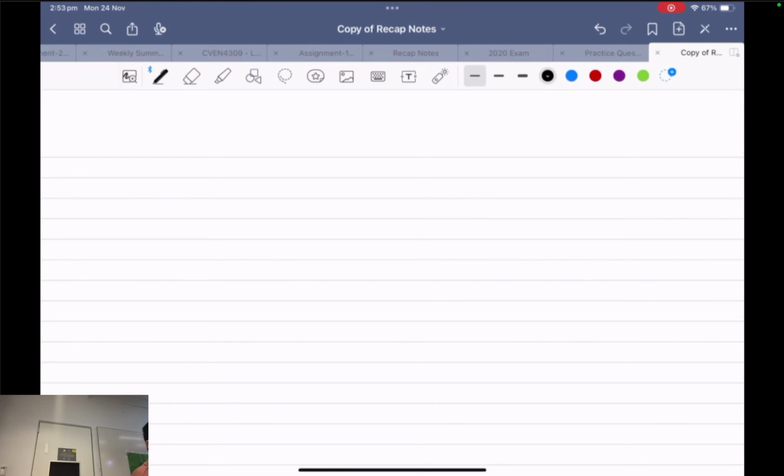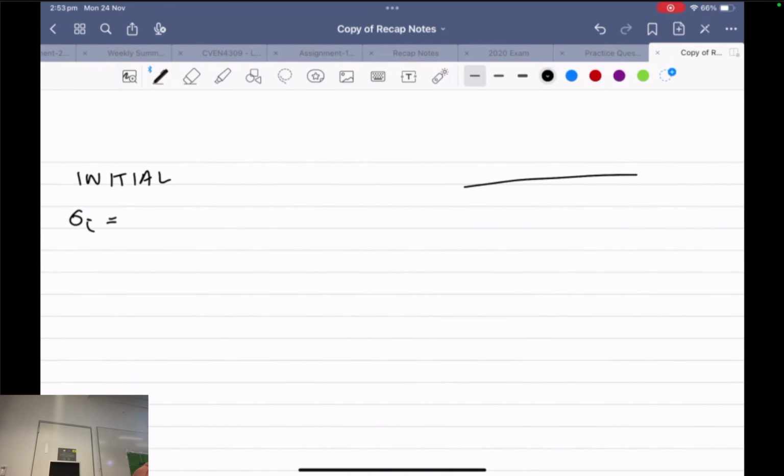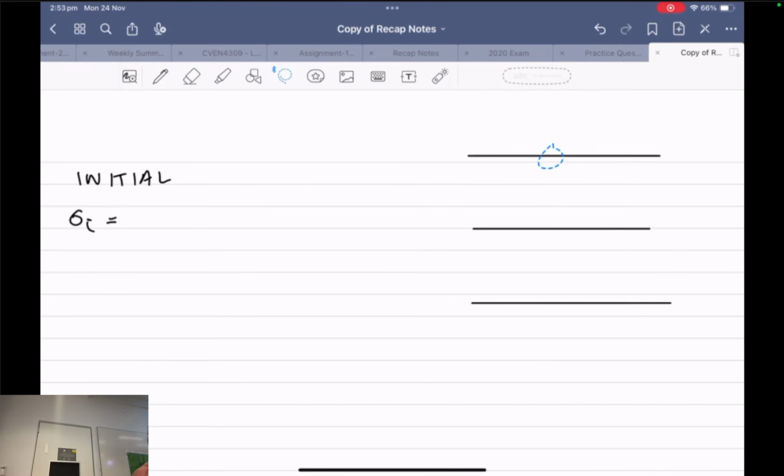So finding the initial and final stresses. Let's start with initial. Initially we have effective stress, what do we need? We need total stress, we need pore water pressure, and then we need to subtract them. So initially, total stress is equal to, keep in mind we're looking at this point here at 2.5 meters into the layer. So if I draw that out, alright, so this is 5 meters.